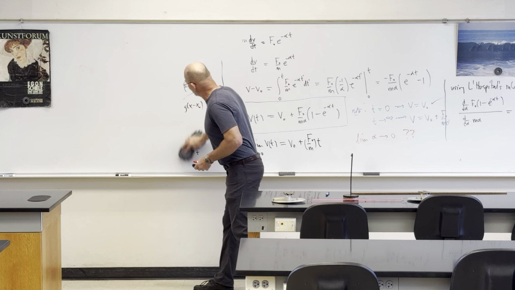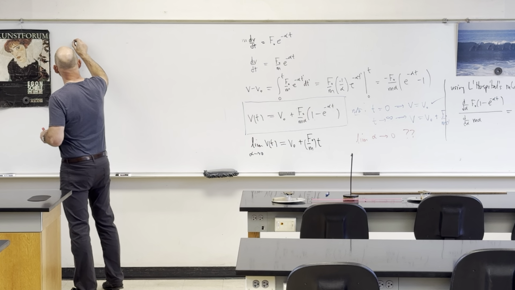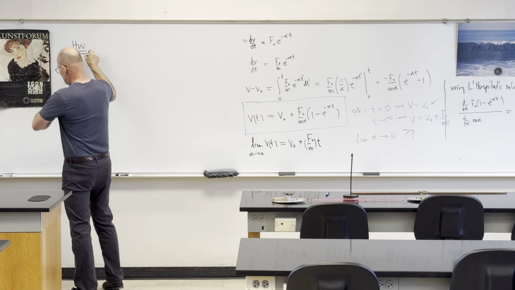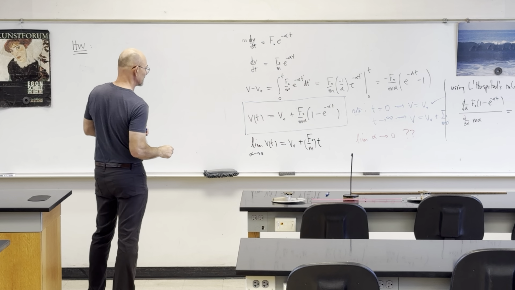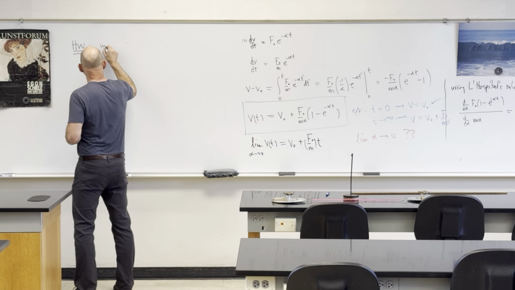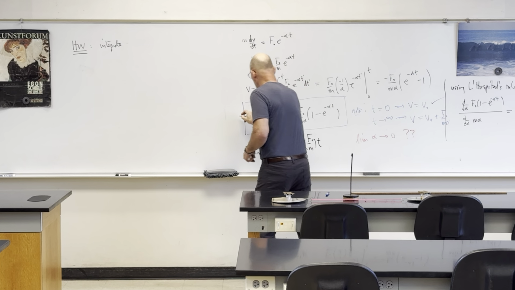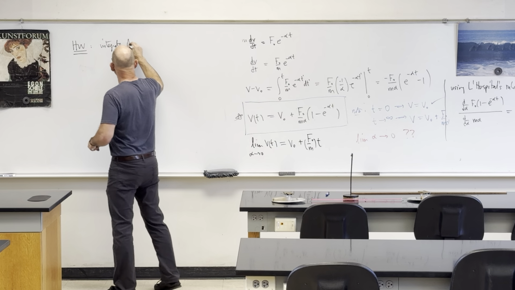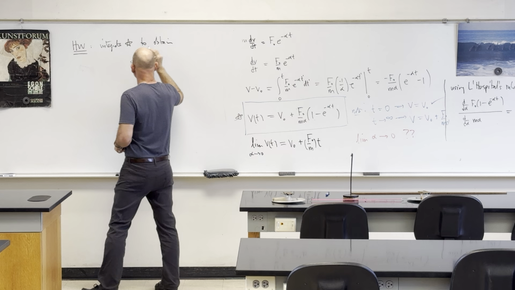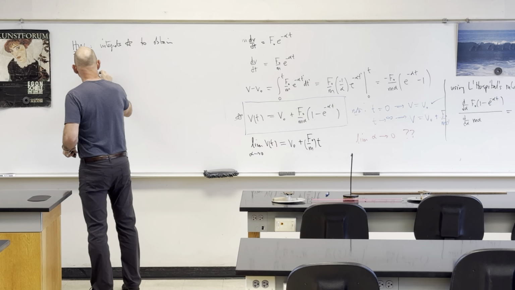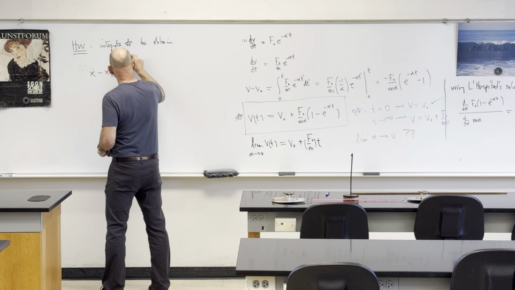So, let's do the homework. This is perfect timing. What we're going to do is integrate. I'm just going to name this thing star. Integrate star to obtain x minus x naught equals the integral from 0 to t.